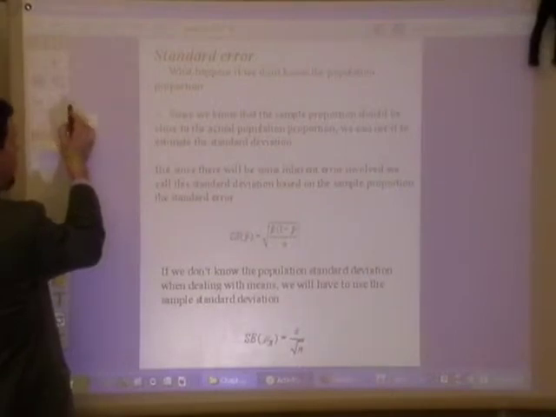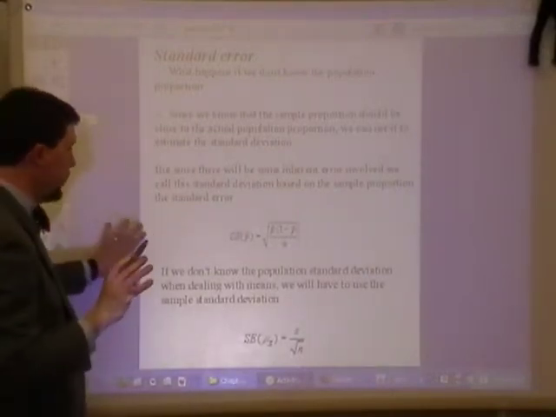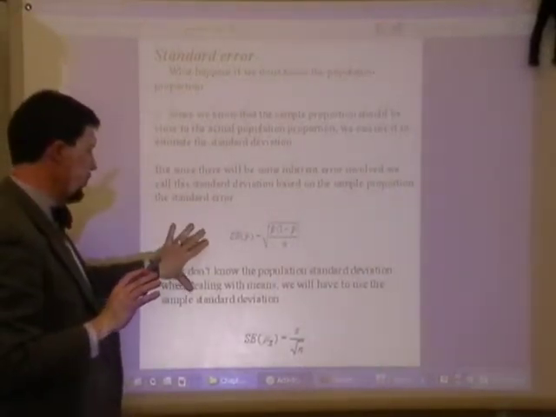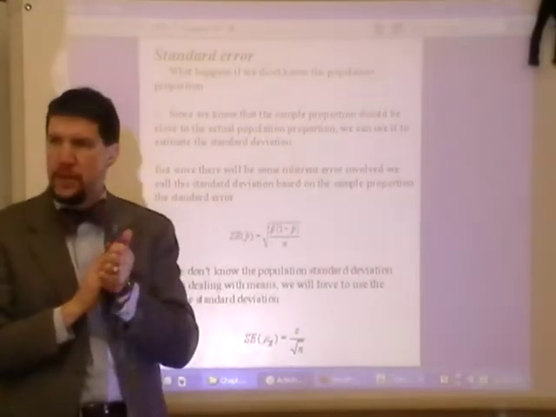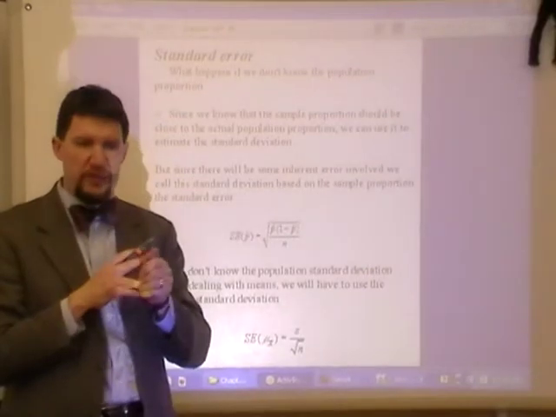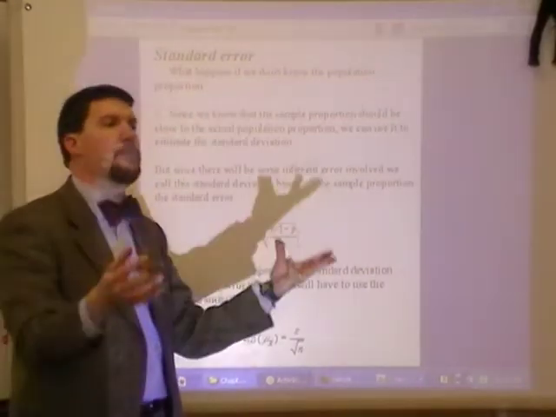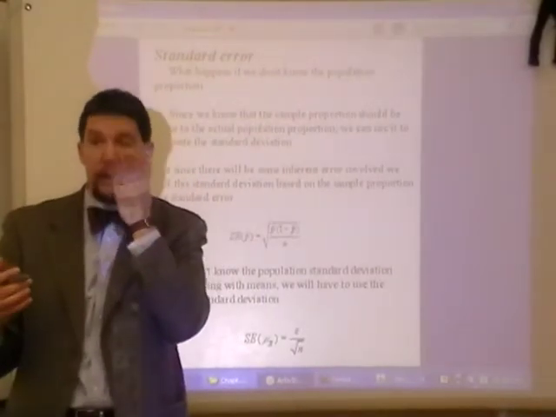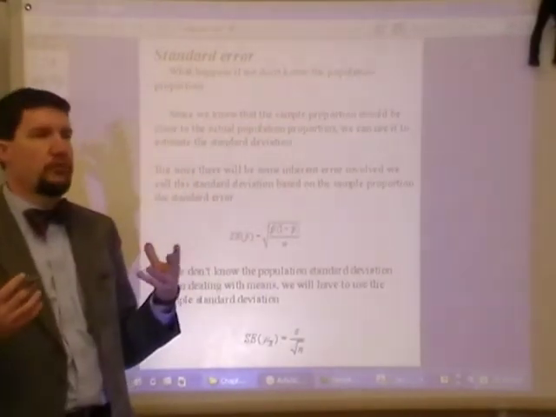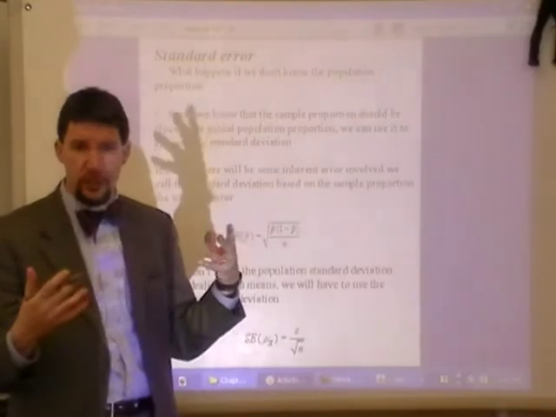Okay, so then we have something called the standard error. And what's the standard error? Say that I don't know what the population value is, because all I have is a sample. Say I'm given data, I have a population and I don't know what it is, but I want to guess what it is, and I want to find out what the mean is, or what the proportion of successes should be.